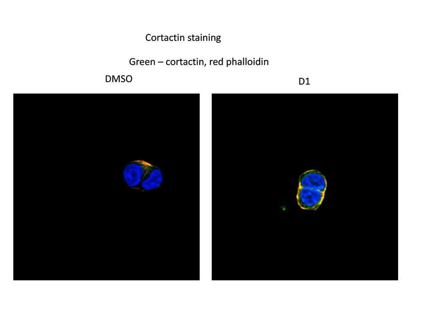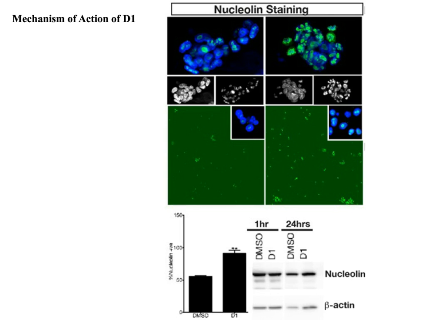We have also identified another target called nucleolin, whose localization goes higher inside the nucleus, which you can see in the right-side panel when compared to DMSO treated, indicating that nucleolin is also one of the proteins affected upon D1 treatment. We have also done transcriptomics on these cells, and we identified many proteins and different pathways that go up or down.